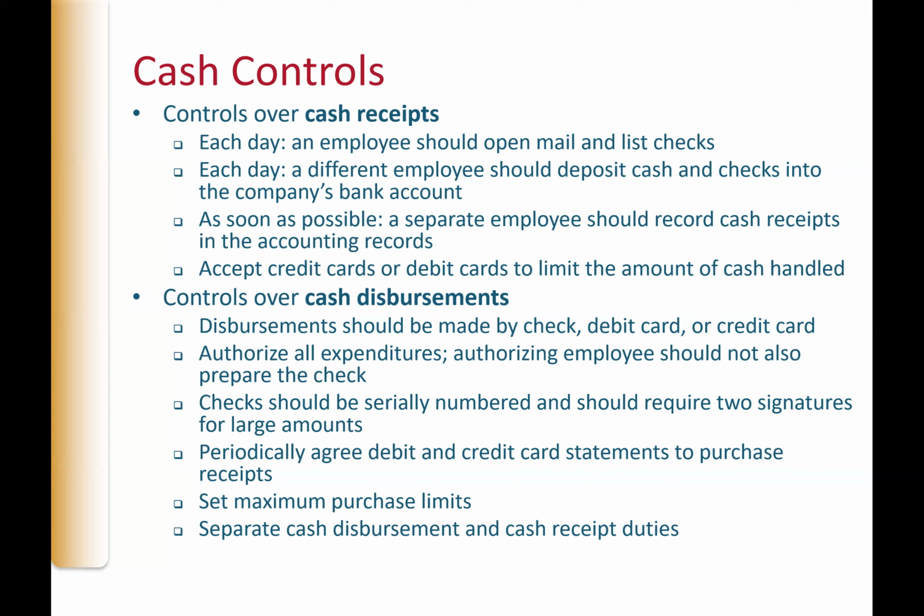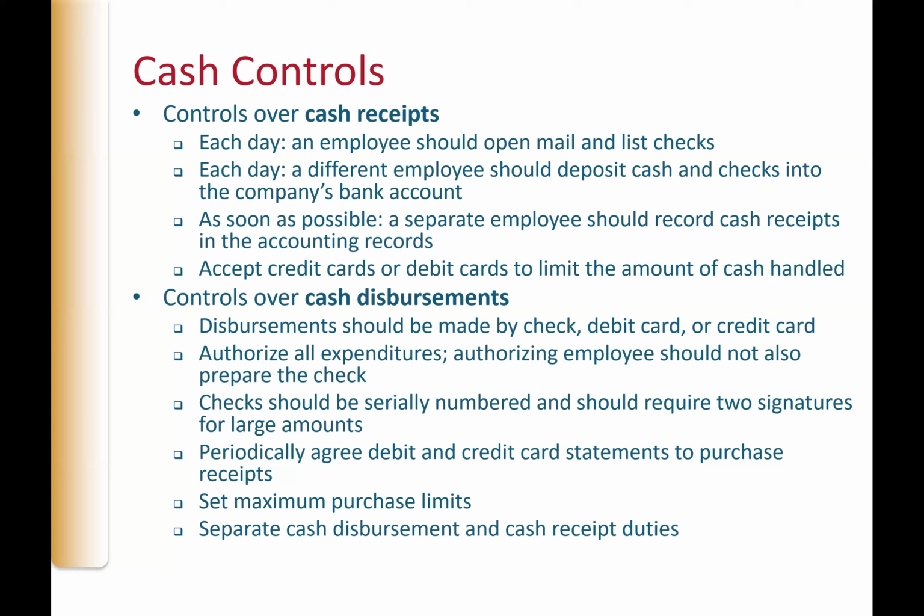Controls over cash disbursements. Disbursements should be made by check, debit card, or credit card. Authorize all expenditures. Authorizing employees should not also write the checks. Checks should be serially numbered and should require 2 signatures for large amounts. Periodically agree that the debit and credit card statements match to purchase receipts.